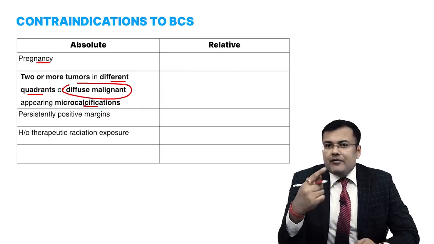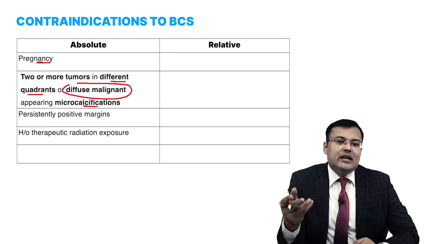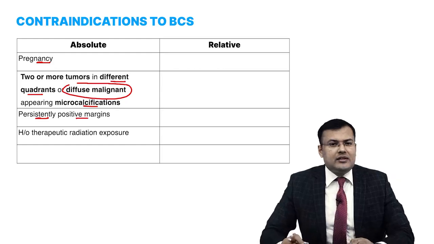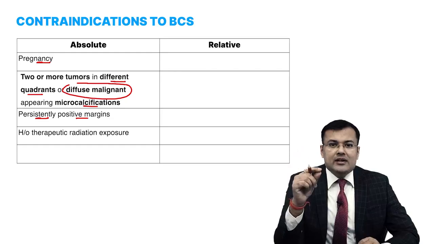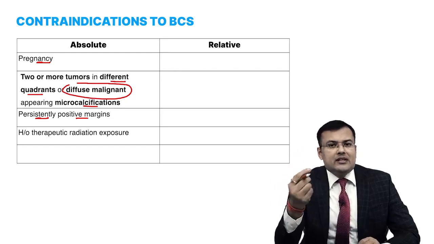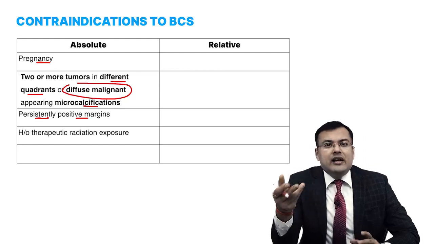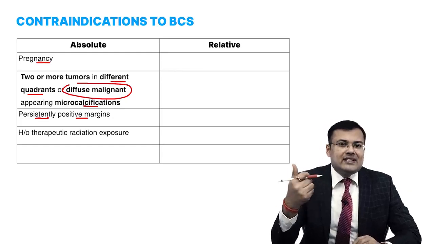In this case, if you go for breast conservation surgery, there are high chances of recurrence. Next, persistently positive margins. Suppose you remove the tumor and send it for histopathology, and the margins are positive, meaning some part of the tumor is still left inside the breast. Again you excise it, again it is positive. Persistently positive margins obviously means the tumor is scattered.